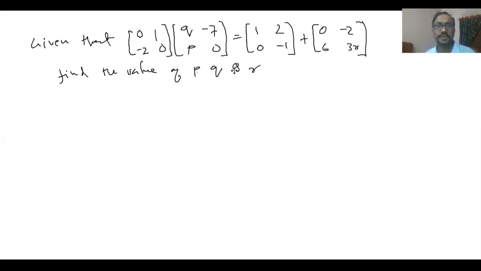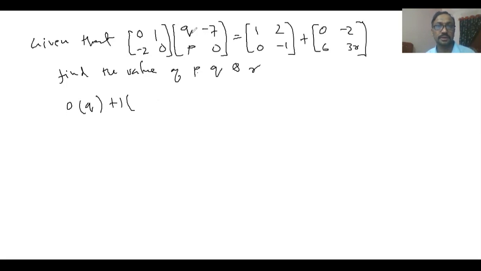Simply we'll do the multiplication first. This one is the same in order, so it can be multiplied. Zero multiplied by q plus 1 multiplied by p, right? Made a mistake here.